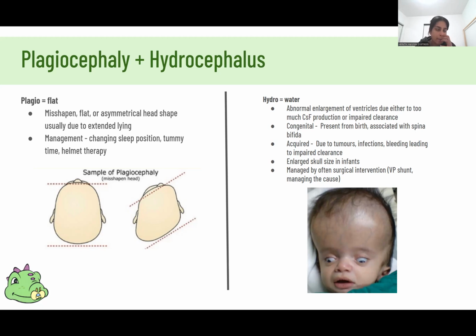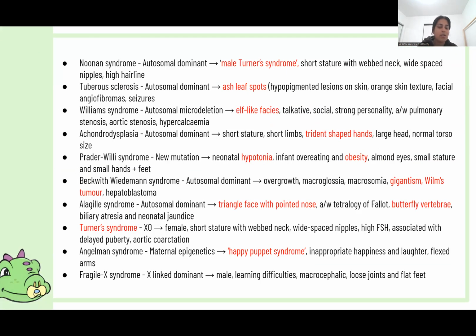But because baby's skull is so malleable, it kind of expands and they just look like they've got a huge head. Management is ultimately surgical, and they can insert a shunt to drain that CSF.